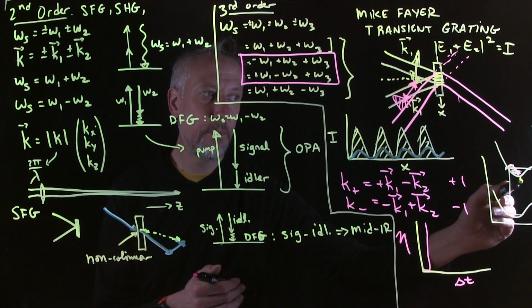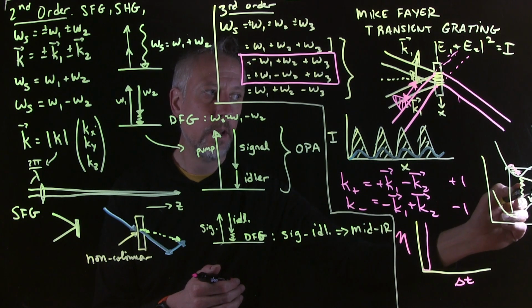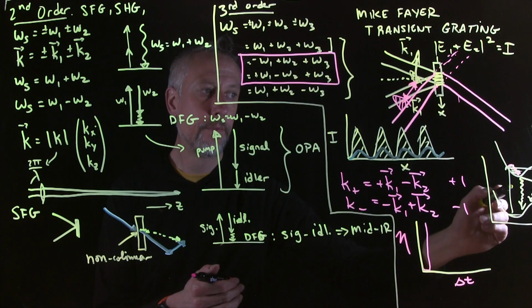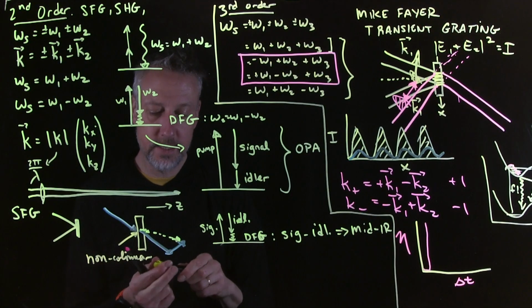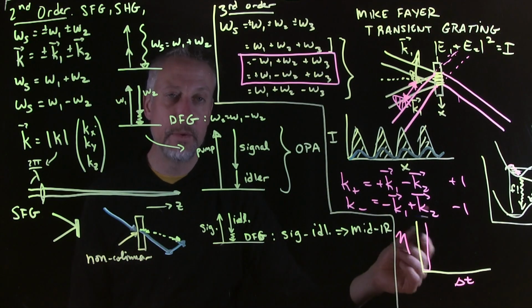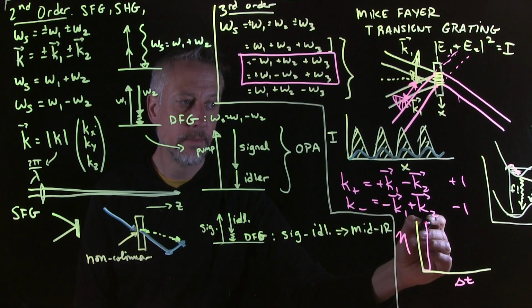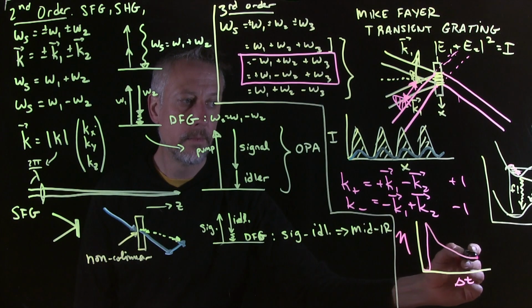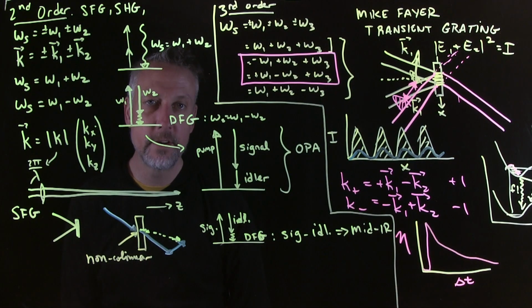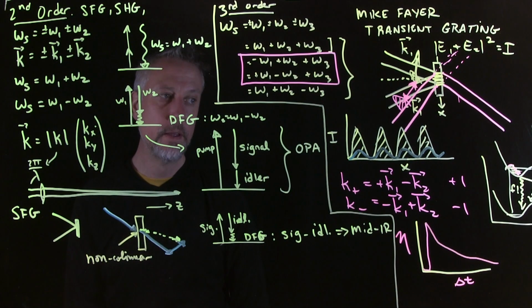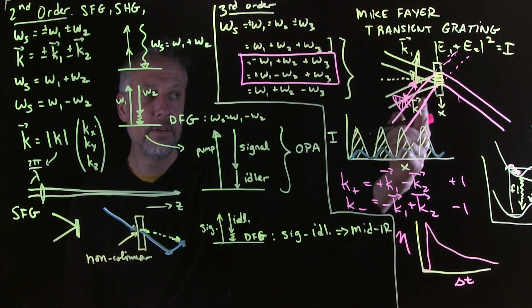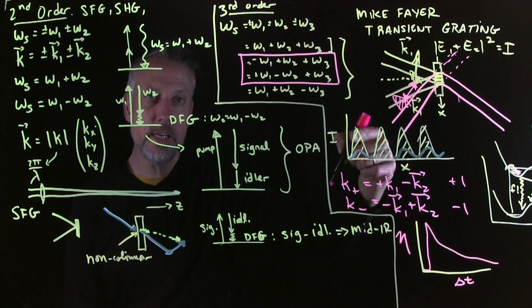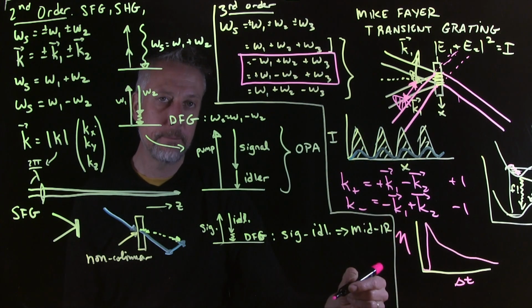So perhaps it could fluoresce, or perhaps it finds some other path that gets down that's non-radiative. We don't know because we're not going to see that. What we're going to see is as the system relaxes to the ground state, maybe with different time scales, we're going to see a change in the diffraction efficiency as a function of time. The diffraction efficiency as a function of time will tell us about the nature of the excited states and how long they stay there as we go back down to the ground state.